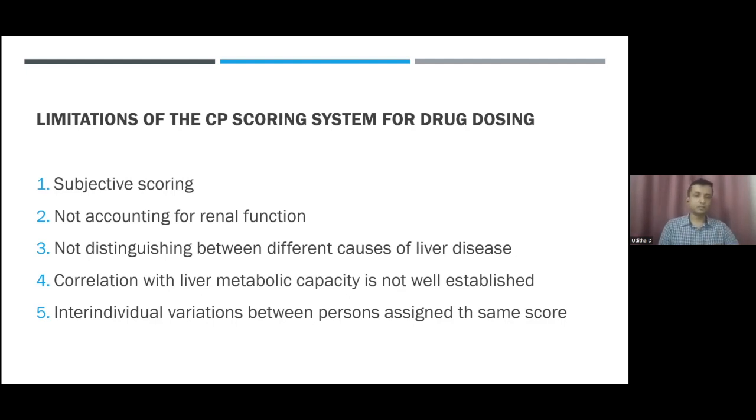In a patient with renal impairment, chronic kidney disease or hepatorenal syndrome, for any reason, that would have a very significant effect on drug metabolism and drug distribution. And of course, it does not distinguish between different causes of liver disease. For example, we know that in cholestatic liver diseases, estrogen-containing drugs can have a deleterious effect. So those are important factors.